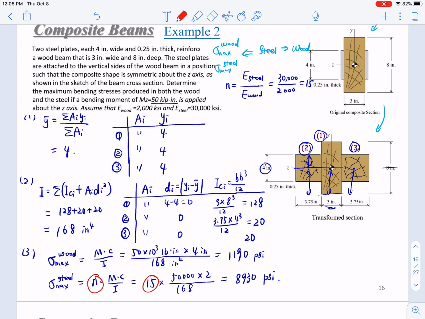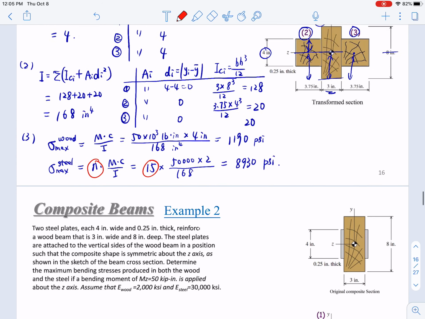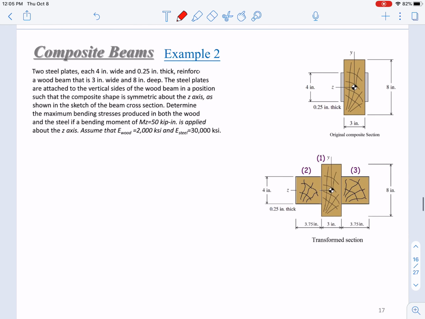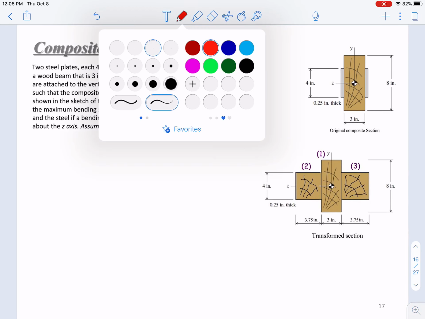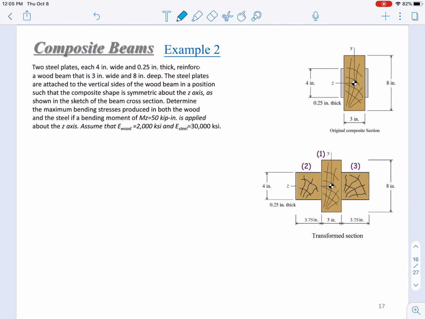In this example, we just converted steel into wood. Then how about if you convert the wood into steel? This is another transformation, method 2: I convert wood into steel.